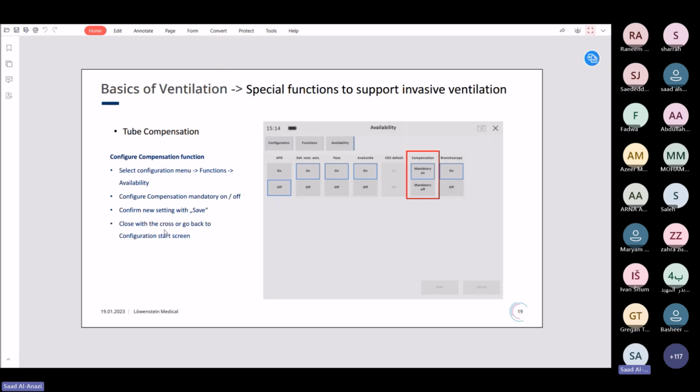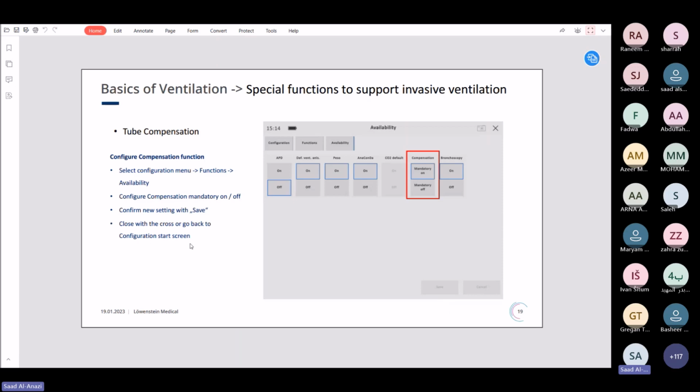So we recommend that end users, all the RTs, start with the configuration and set up all the information. Select the configuration from the main screen, then availability, then you will have the compensation. Configure the compensation on or off, then save at the bottom here.